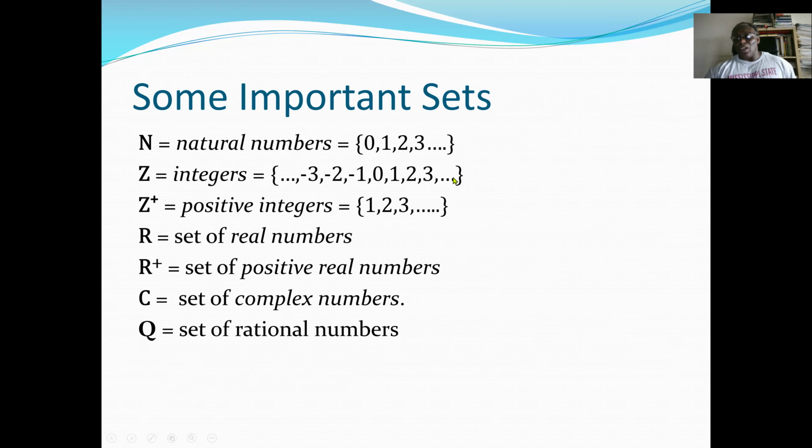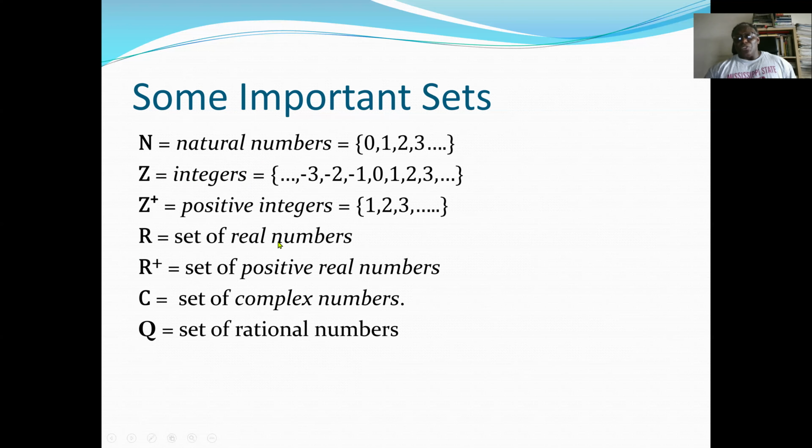To the right side, we have the positive ellipsis. So here we have -3, -2, -1, 0, 1, 2, 3 to infinity, and on the left it goes to negative infinity. Which means an integer can be any value, positive, negative, including 0. But natural numbers are only from 0 to positive values.